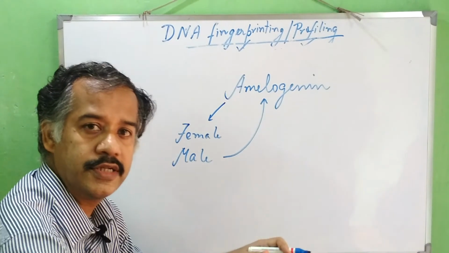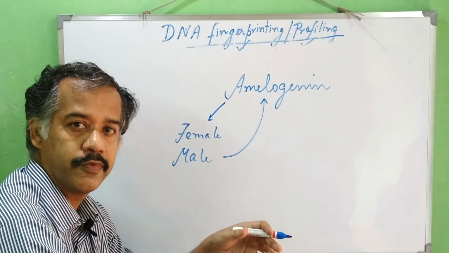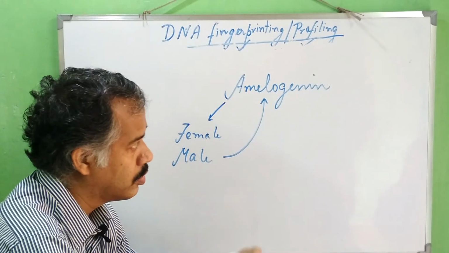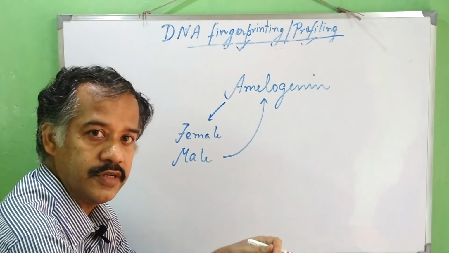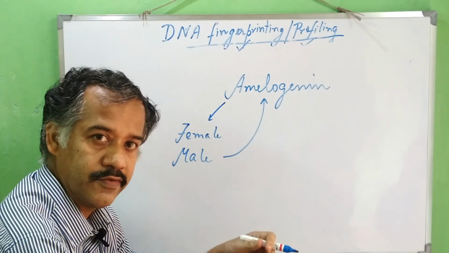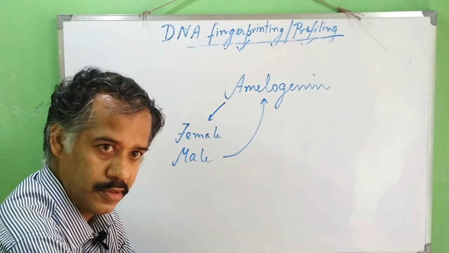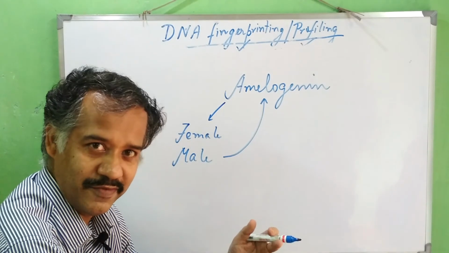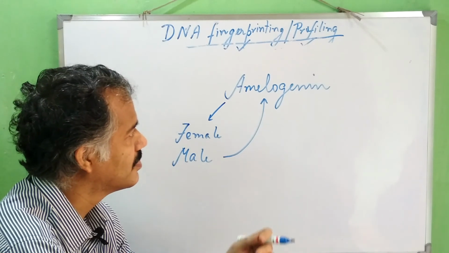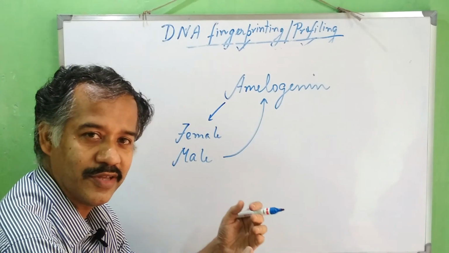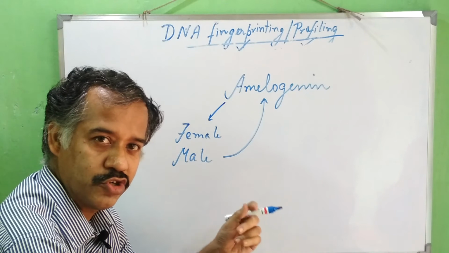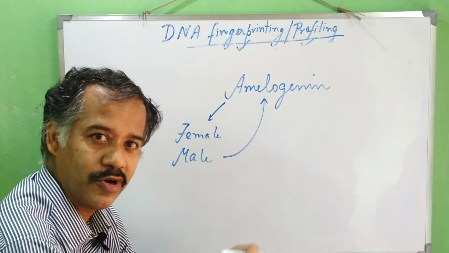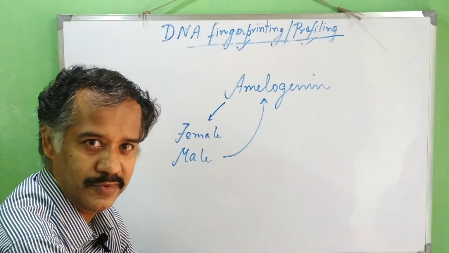Now, amylogenin is a gene which codes for a protein found in the enamel of the teeth. The amylogenin gene is present on the X and the Y chromosomes. But the lucky thing for scientists is that the amylogenin gene on the X chromosome is shorter by 6 base pairs compared to the homologue on the Y chromosome.